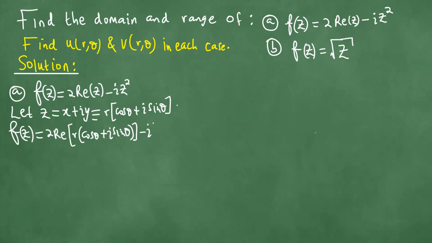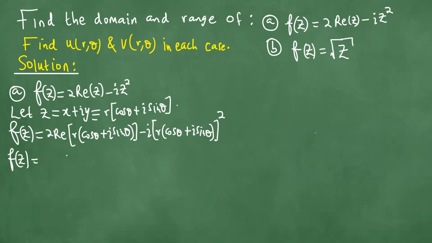Minus i into minus i r into cosine theta plus i sine theta. Okay, so you have this.